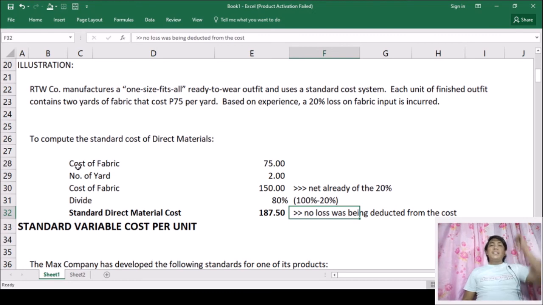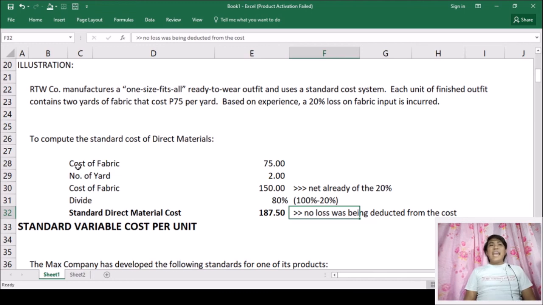Does this mean that once we determine the standard direct material cost, we need to include the loss? Yes, we need to include the loss, assuming that the loss is a normal loss. That is why we include that particular loss as part of the standard direct material cost.